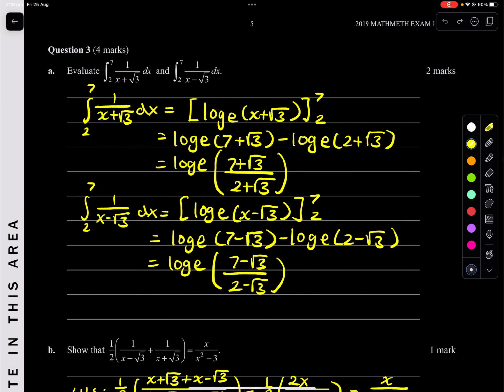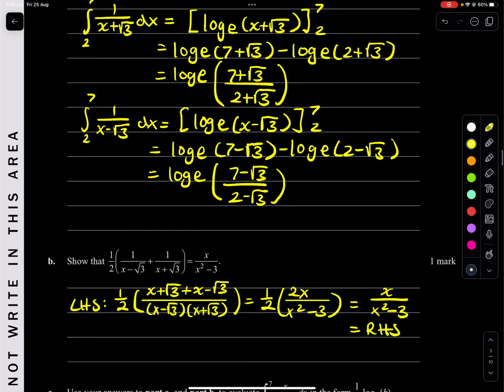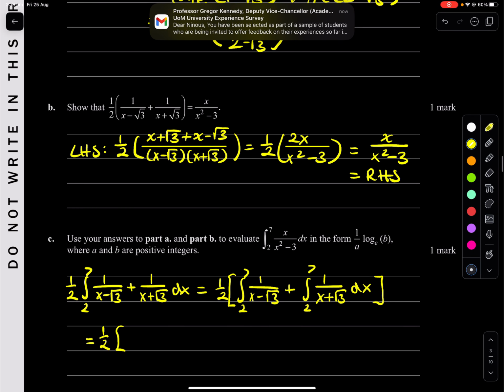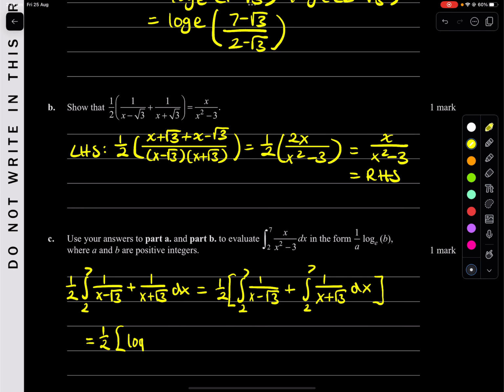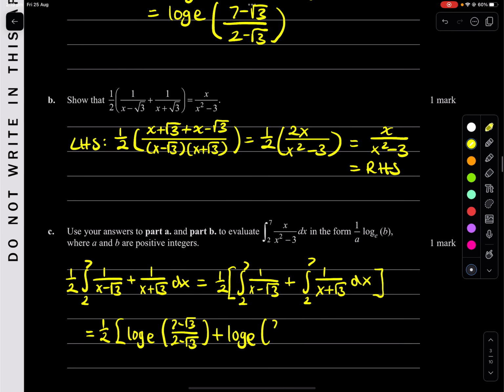we already calculated those, so putting those together, we're saying half, the first one's x minus root 3, which we said was 7 minus root 3, so it'll be log e, 7 minus root 3 over 2 minus root 3 plus log e, the other one was 7 plus root 3, so 7 plus root 3 all over 2 plus root 3, was it?